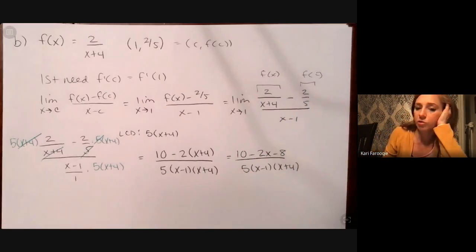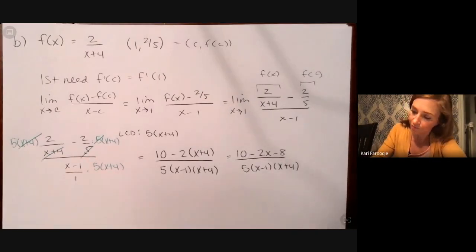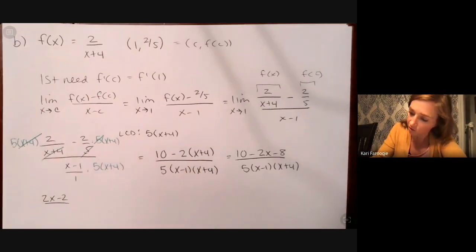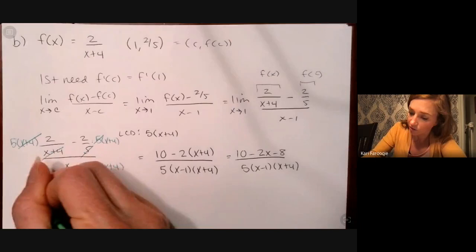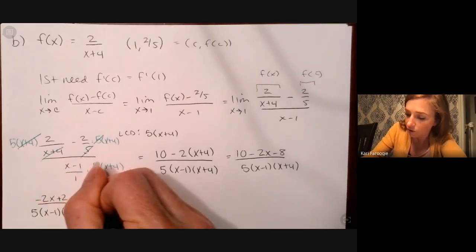Don't forget to distribute that minus sign so that you have a minus 8. And 10 minus 8 is 2. So you'll have 2x minus 2, oh, negative 2x plus 2 divided by 5 times x minus 1 times x plus 4.